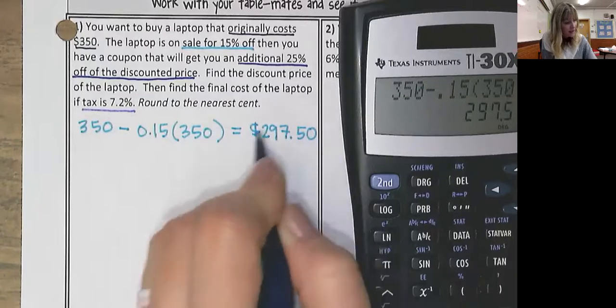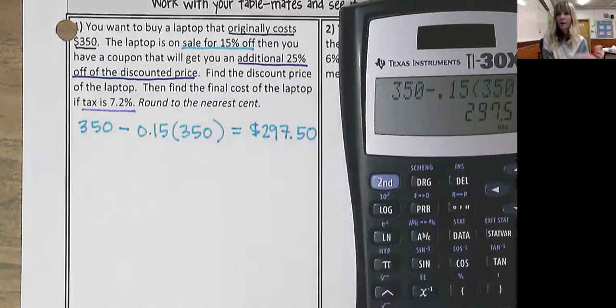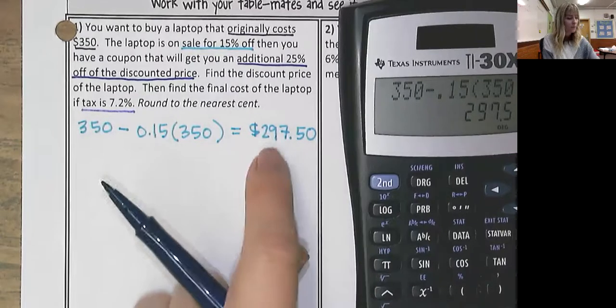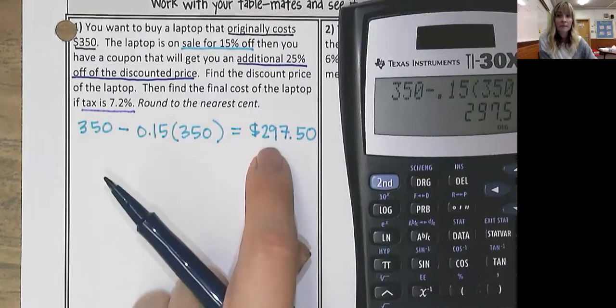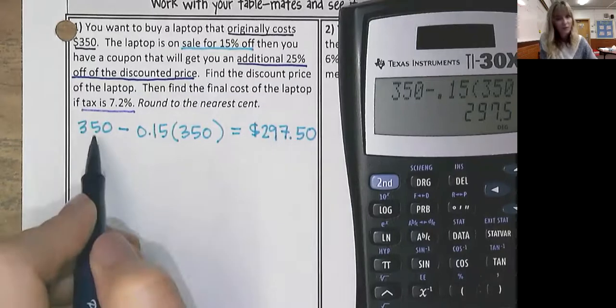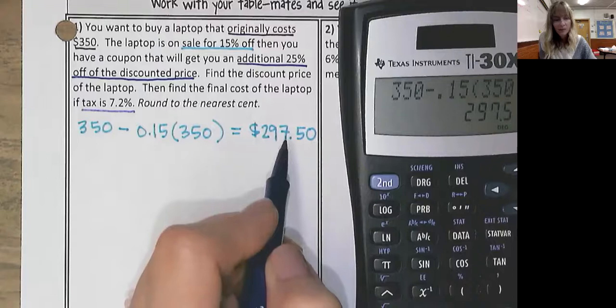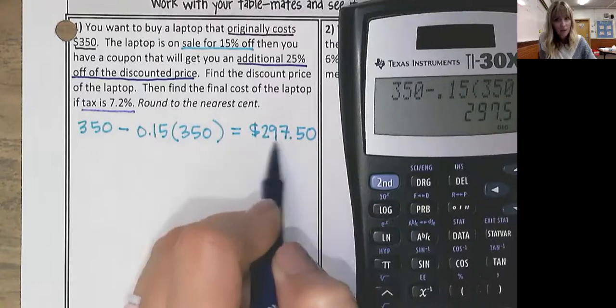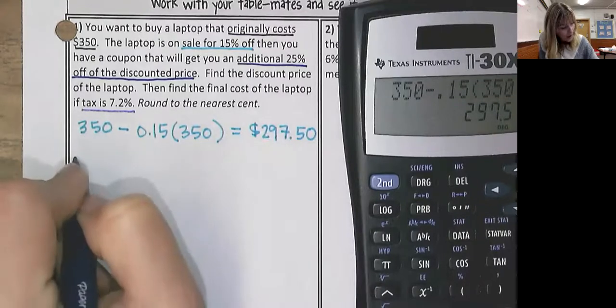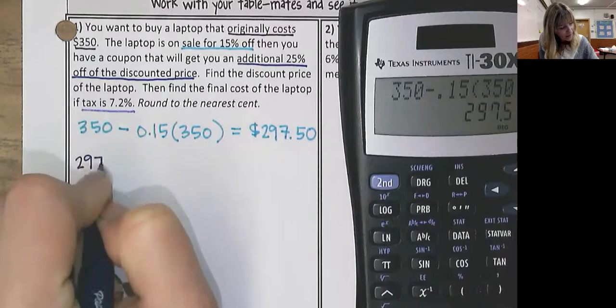So this amount right here now becomes my new base. For my next calculation, I'm using this last number as my base. So now instead of 350, I'm not taking 25% off of 350, I'm taking 25% off of the discounted price. So now I'm going to continue with the new base here.